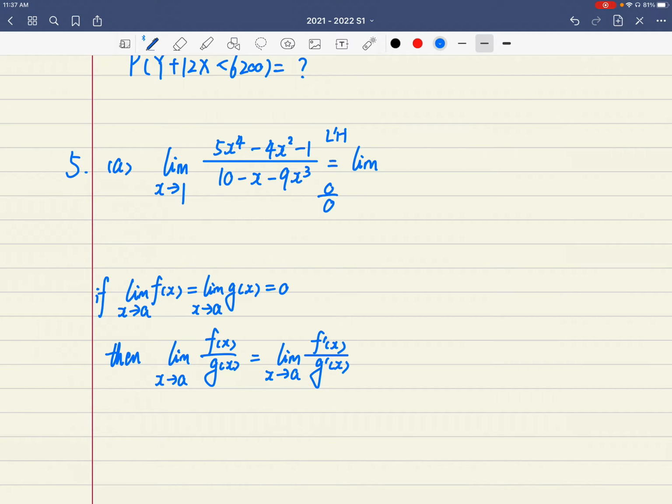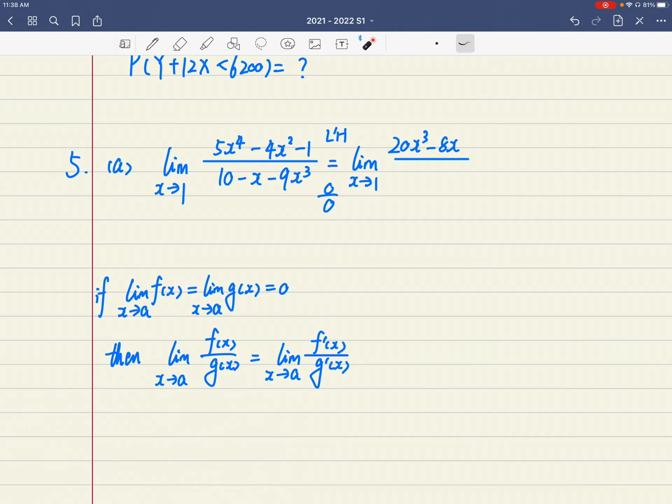L'Hopital's rule: take the limit of the derivative of the top over the derivative of the bottom. For example, if you differentiate 5x to the power 4, it is 5 times 4 times x to the power 4 minus 1, so that derivative is 20x cubed. Minus 4x squared differentiates to 4 times 2 times x to the power of 1, so it's 8x.